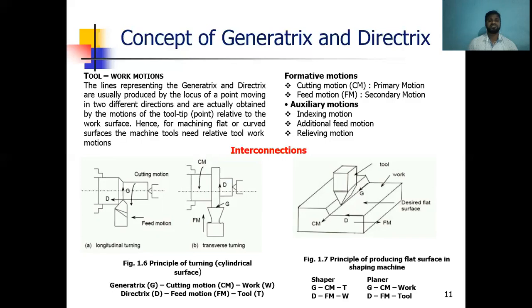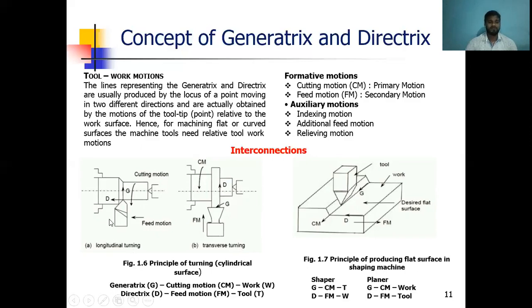In our earlier discussion, we already discussed cutting rate and feed rate, the same as cutting motion and feed motion. The cutting motion is the primary motion. The feed motion is the secondary motion. These are the fundamental diagrams, longitudinal turning and transverse turning.